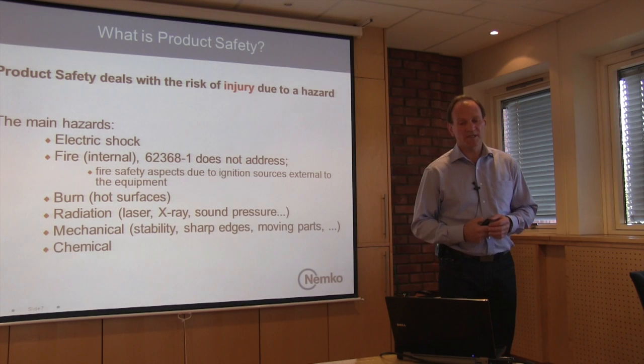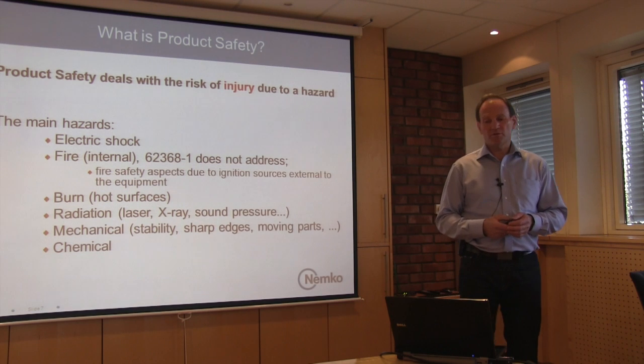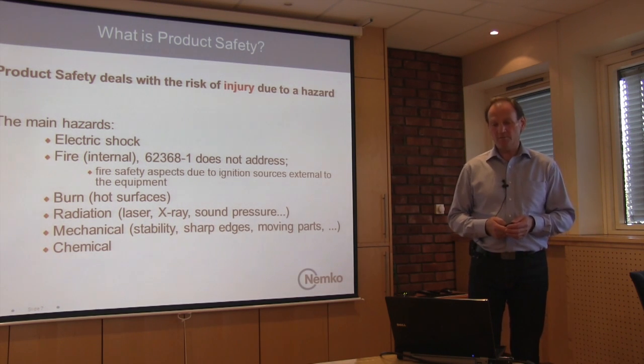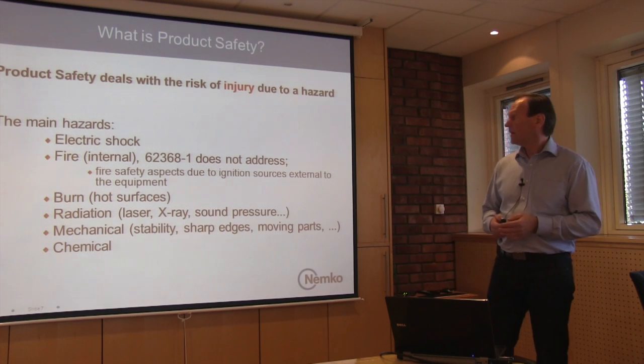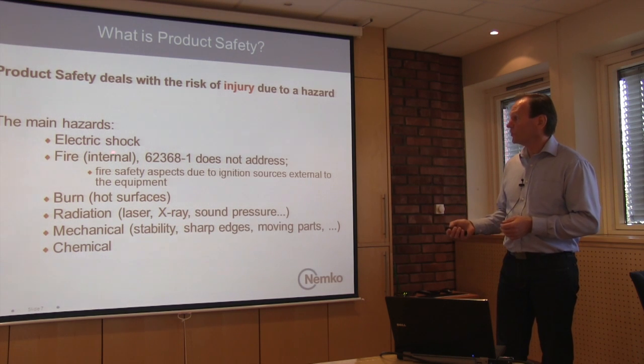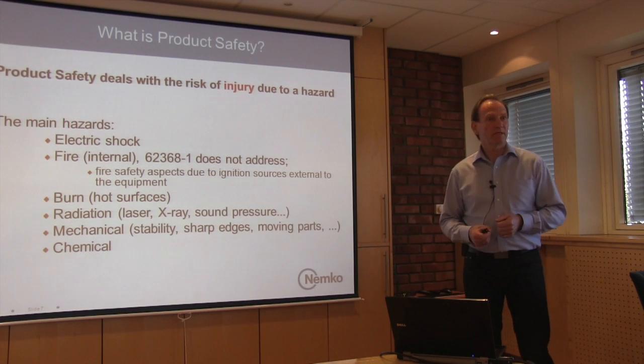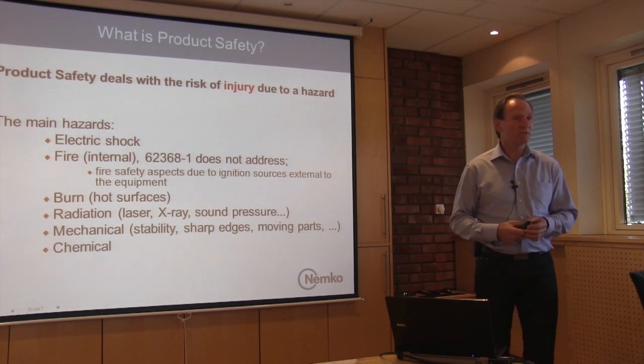So what is product safety? Product safety deals with the risk of injury due to a hazard, and the main risks and main hazards are electric shock and fire. It's only internal. There have been a lot of discussions about fire safety aspects due to ignition sources external to the equipment, as we have talked about with the candle flame issue.